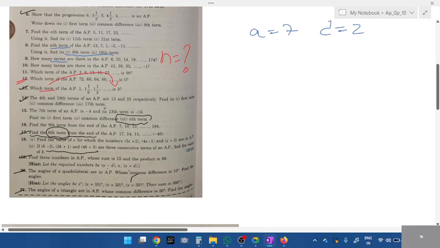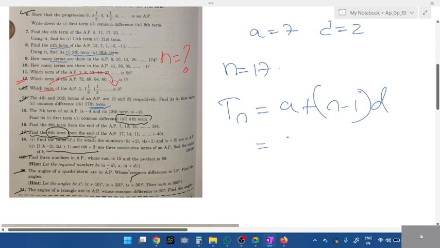Next, the 17th term. We need to find the 17th term. So what will you take n value? n is equal to what? If they ask us the 17th term, n is equal to 17, right? So we need to find: a_n is equal to a plus n minus 1 into d. a value is 7 plus n value is 17 minus 1, d value is 2. 7 plus 17 minus 1 is 16. 16 into 2 is 32.